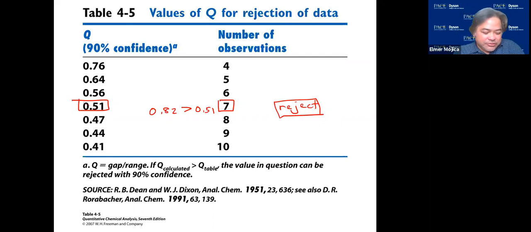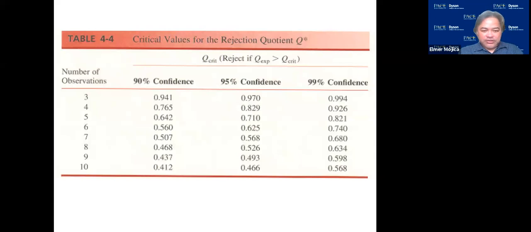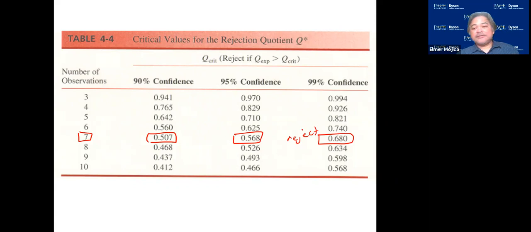If not, you're going to retain. Now, we can also put it here. So 90%, 0.51, 0.568, 99%. So we still reject it, because the value that you get is still higher.